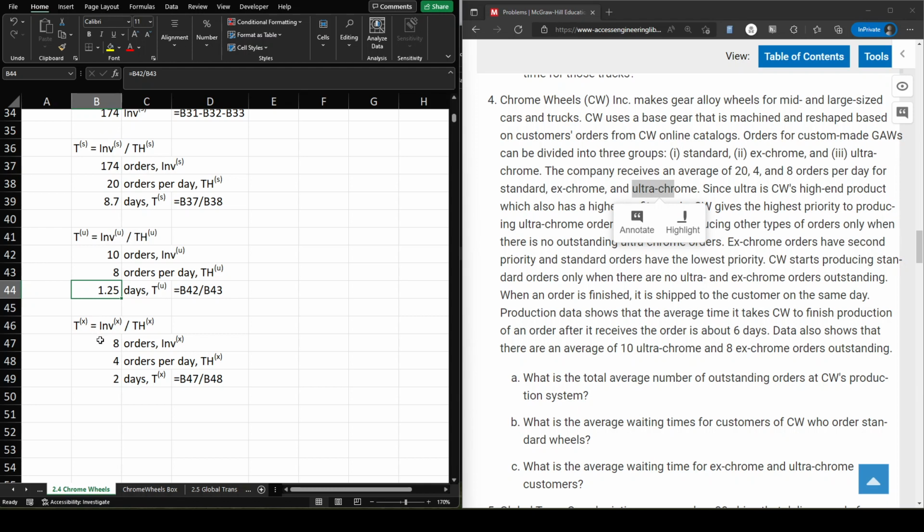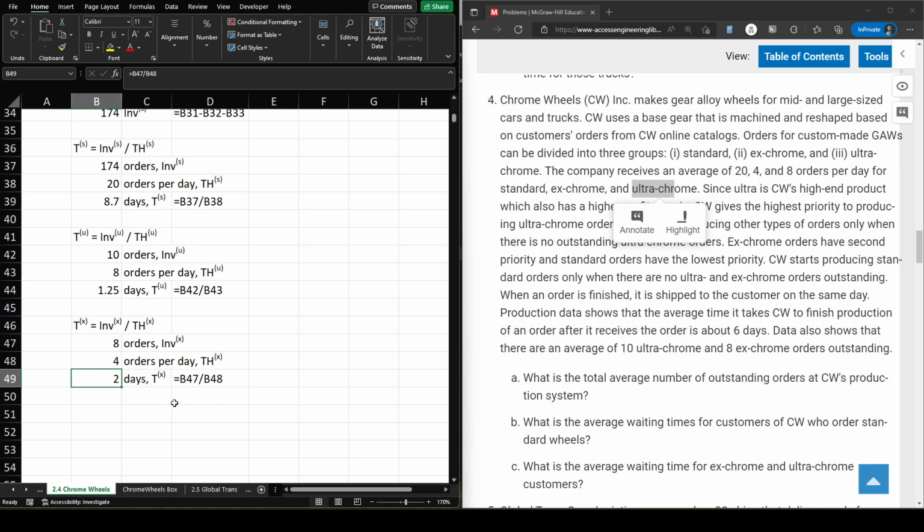We do a very similar calculation for the X Chrome, which is 8 orders of X Chrome outstanding in the system, and we have 4 orders per day as a throughput. We divide 8 by 4, and that gives us an average of 2 days.